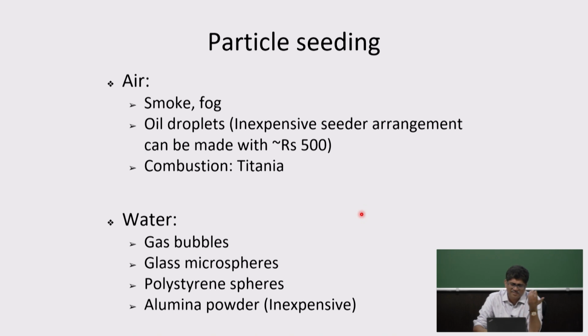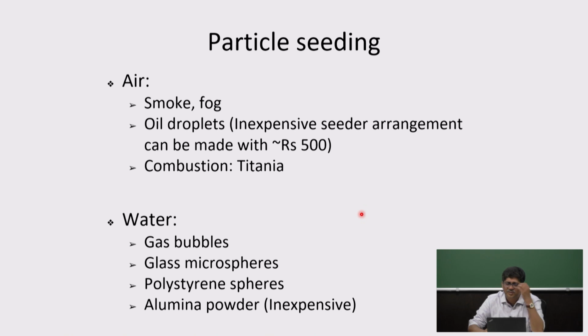Typically for air, people use smoke, fog or oil drops, which we will be demonstrating. You put a small nozzle into a pool of oil and inject gas, and the gas takes some oil drops out.